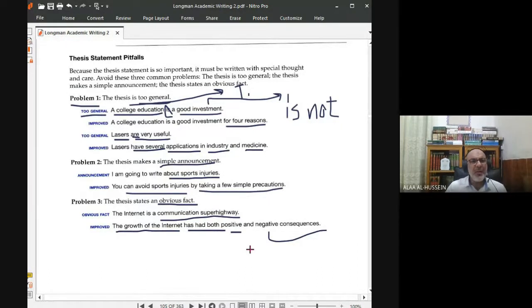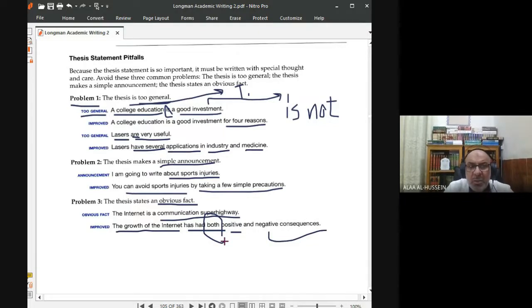Not only the negative consequences, no. The sub-ideas are positive and negative consequences, students. Positive and negative sub-ideas we have, okay? Both. The word both is a signaling word that introduces the sub-ideas.